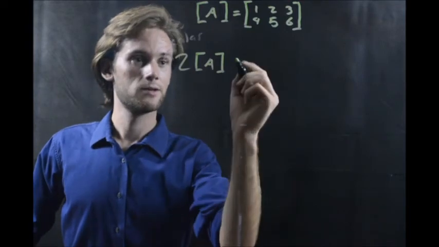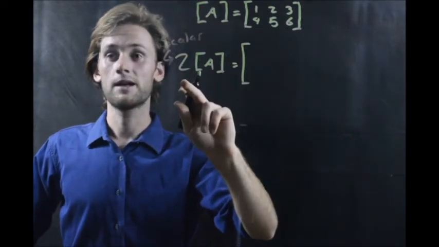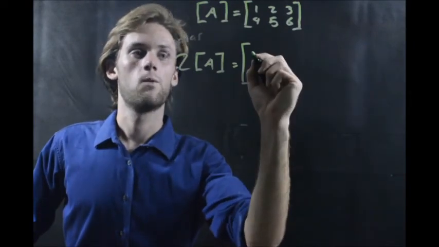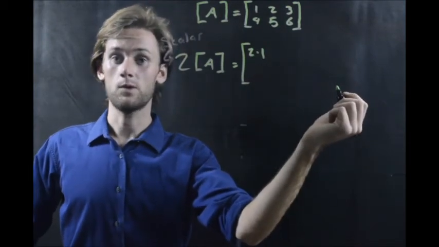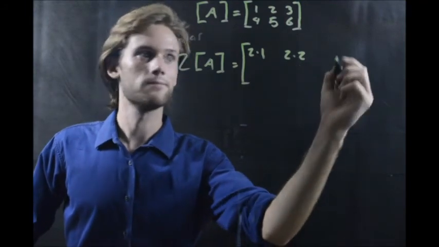All we do is we take each element and multiply each element by that same scalar. So in other words, element 1, 1, you're going to get 2 times 1. Element 1, 2, 2 times 2. And so on.